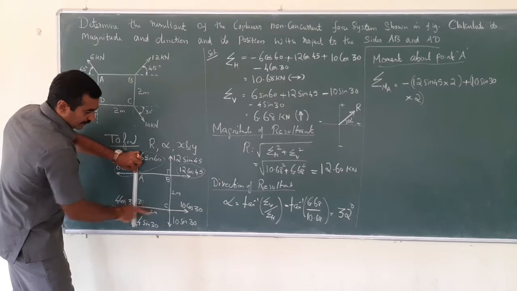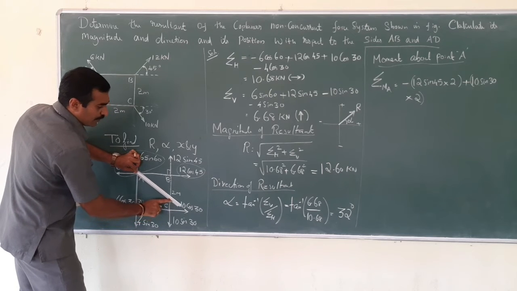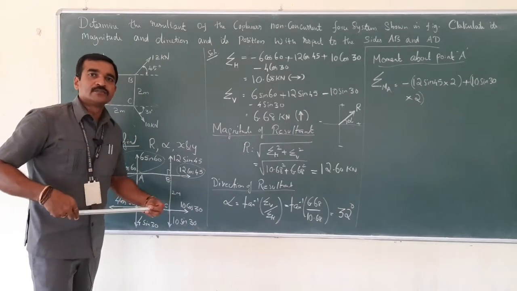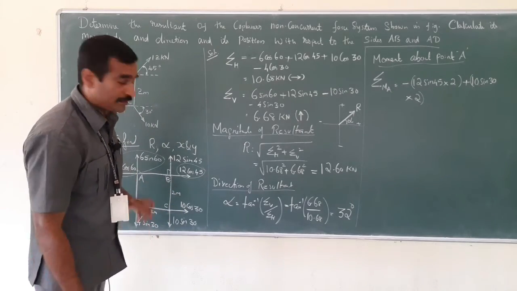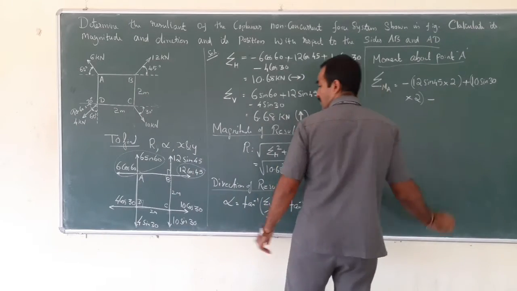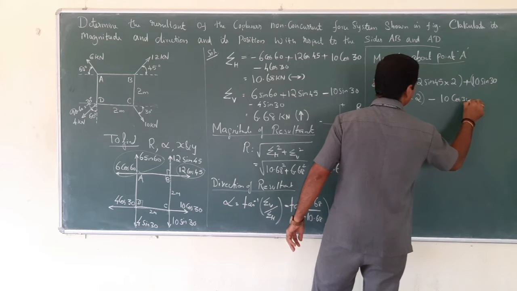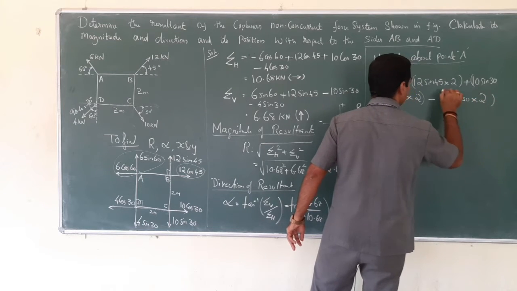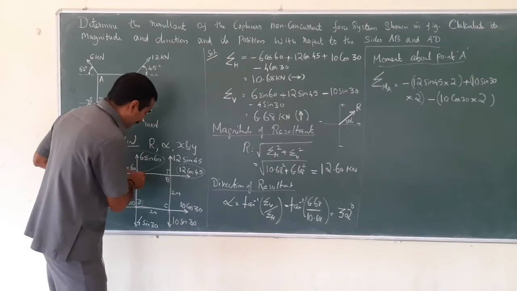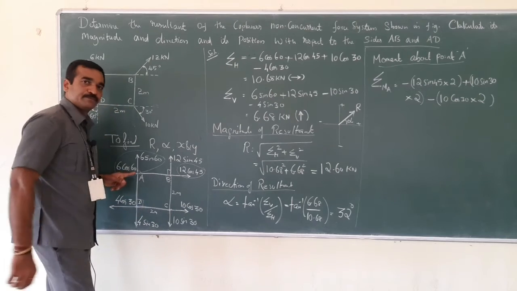The force is acting in this direction, so the moment will have a tendency to rotate the body in the anti-clockwise direction. The sign convention for anti-clockwise moment carries a negative sign. And the magnitude of the force is 10 cos 30 and its perpendicular distance is 2, from A to D, because this force has been brought to here.